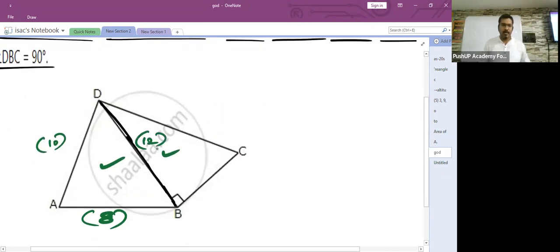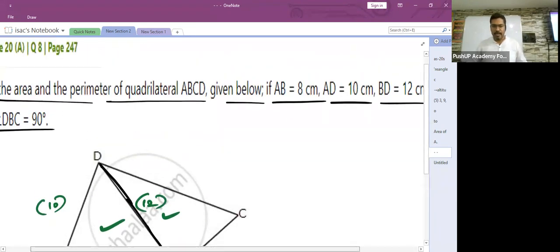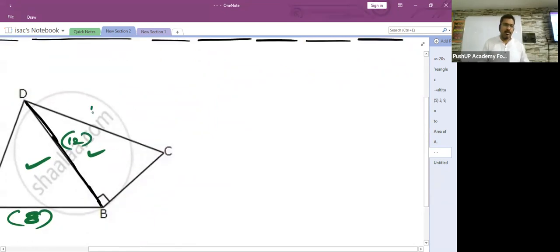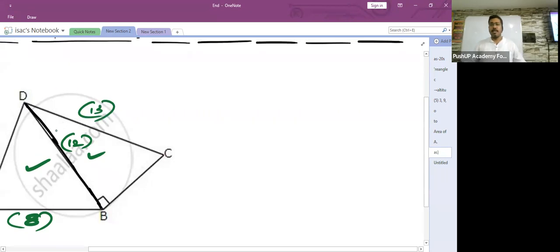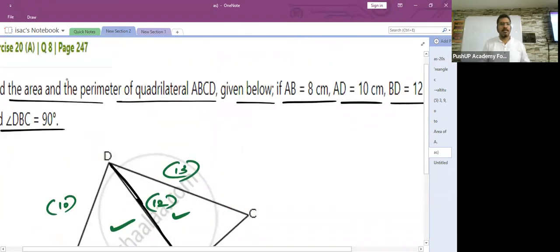Angle DBC is equal to 90 degrees. DC is also given, children. DC is equal to 13 centimeters. Now they are asking us to find the area and the perimeter of this quadrilateral.